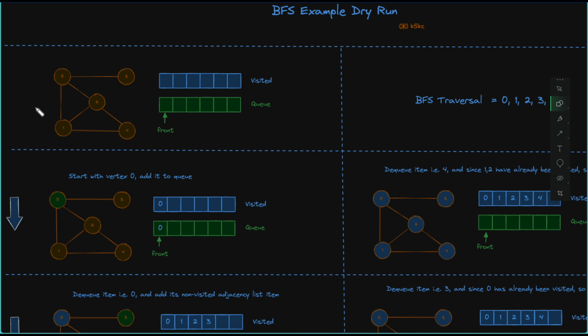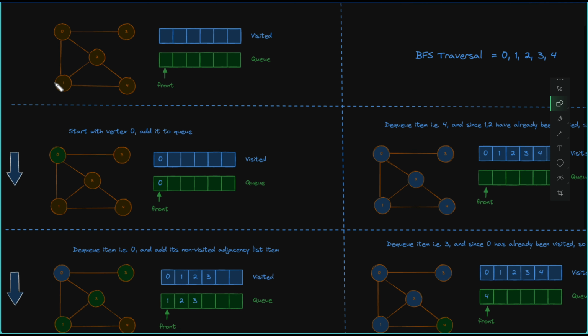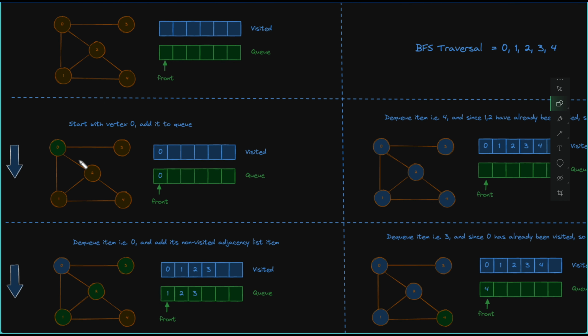Now, whatever we add to the queue, we will mark as green and add it to the visited set. That means we touch the new horizon, or the new frontier, and then as soon as we process the node, that means we have the traversal in BFS. So we start with node 0, we add it to the queue and also to the visited set.